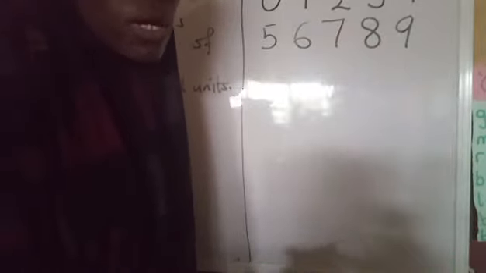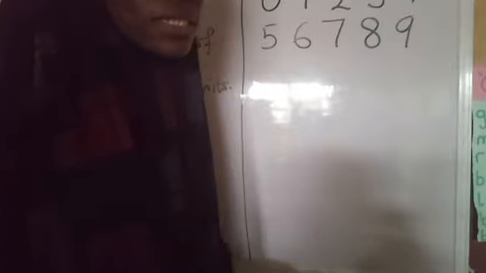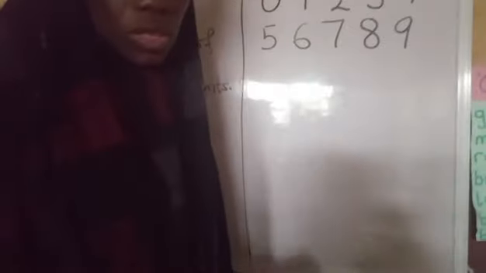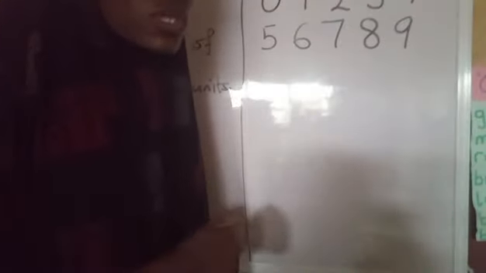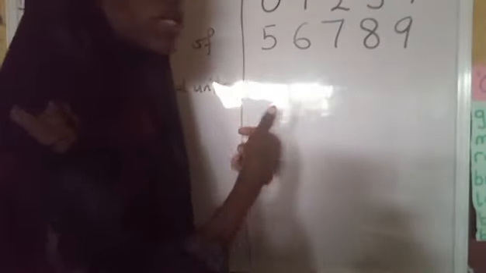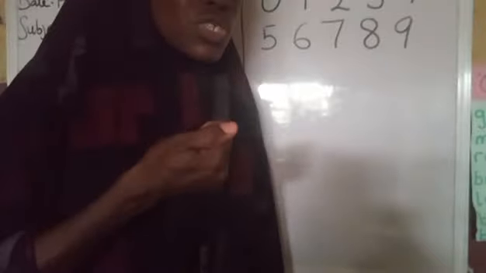Now, if you look at these 10 symbols, I'm very sure when you are asked, you will call them numbers. But I always want you to call these single symbols that stand on their own digits. Refer to them as digits because it is digits that are used to form numbers.